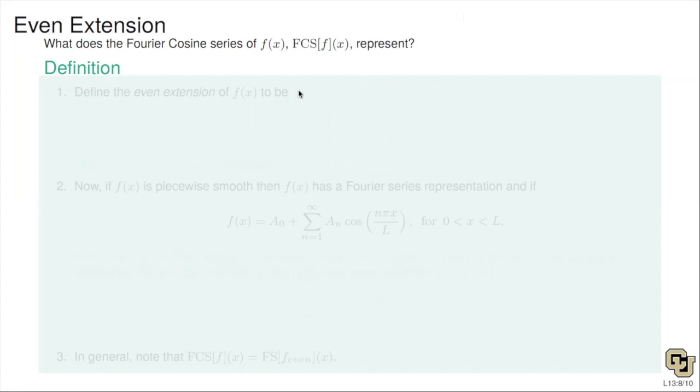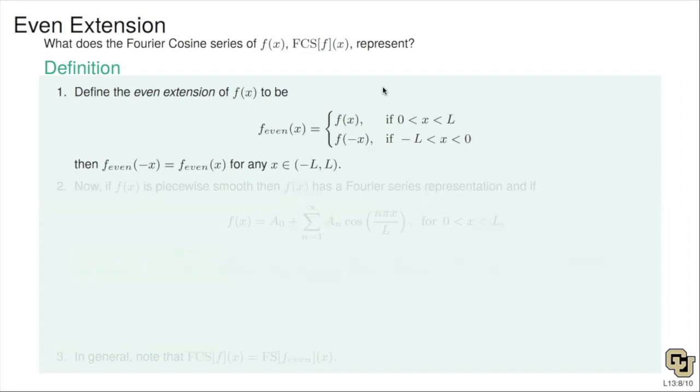Okay, so here we define, one thing to remember here is that a cosine series, a sum of cosines, is going to be an even function. So whatever it's representing has to be even. So we define what's called the even extension of f. So f sub even is defined to be just the regular function on the domain 0 to L. Now we're going to extend the definition and define the function on negative L to 0 to be f of negative x.